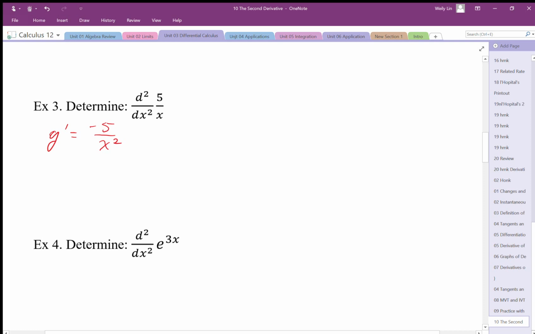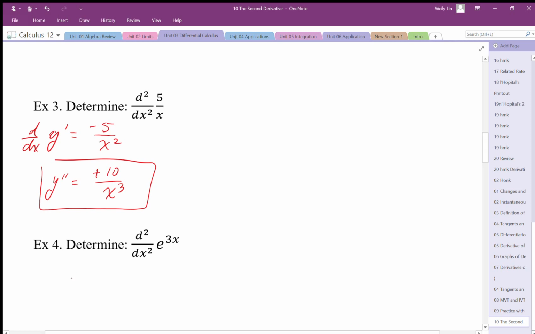And then if I want the second change of that, basically I'm going to differentiate y prime. So the second change is going to be, sorry, positive 10 because it's negative 2 times negative 5, so positive 10 over x cubed, and there's my second derivative. To do the second derivative, really we're just applying the derivative again.